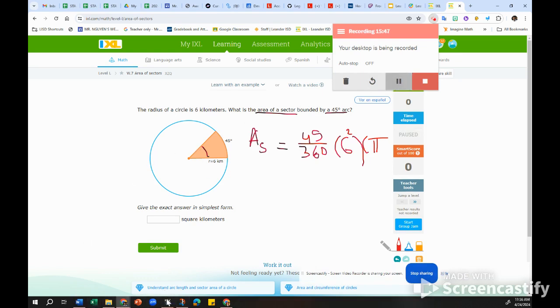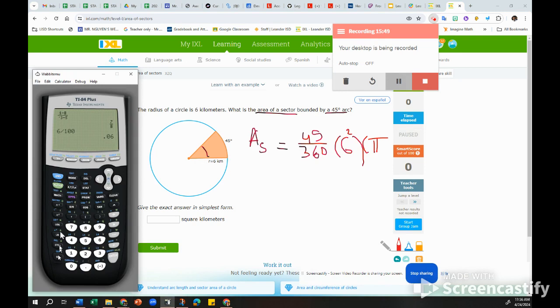I am going to continue this problem by typing this into the calculator. So we're going to type it like that, right? Alpha y equals to get a fraction. And then we're going to put 45 and then parentheses 6 squared, close the parentheses, and then go down, divide by 360.